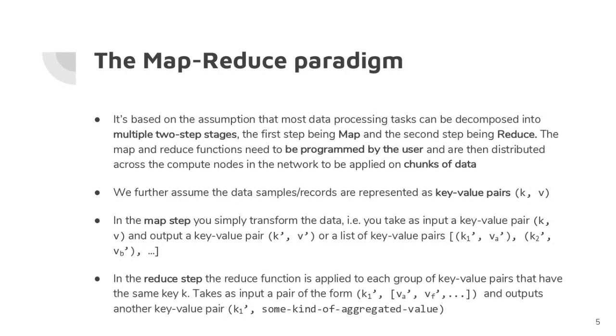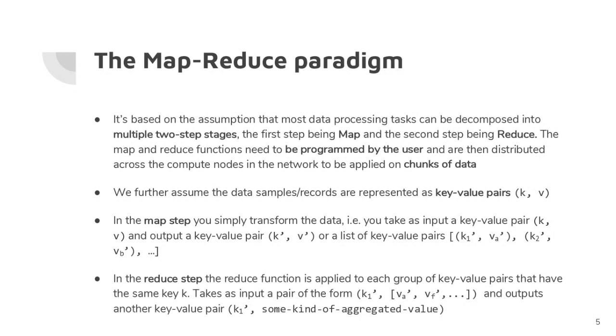We represent our input as key value pairs, and then in the map step, you simply transform the data. You take as input a key value pair, and you output a different key value pair or a list of key value pairs. That's the map step. And then in the reduce step, you reduce.